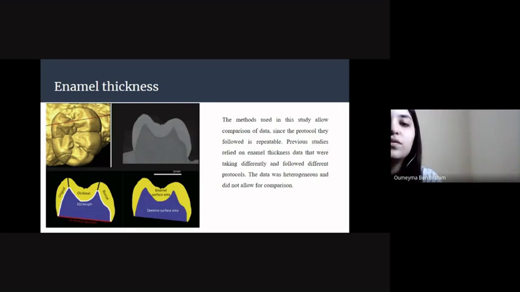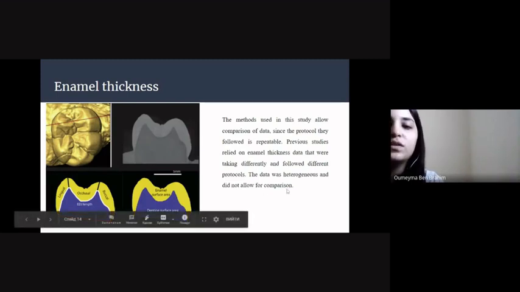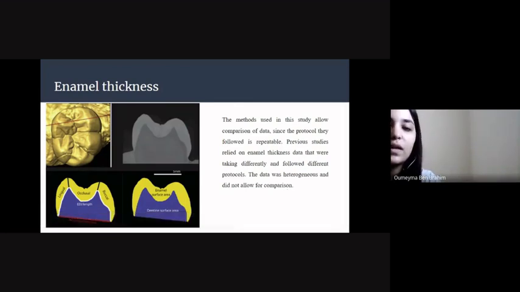The data used in previous studies consisted of values from linear measurements on damaged surfaces of molars. So previous research done on enamel thickness resulted in data with limited sample size and used linear measurements that resulted in a poor assessment of enamel thickness.